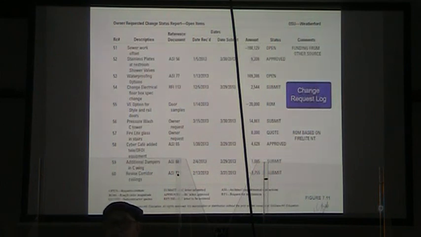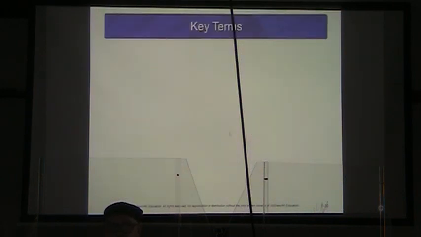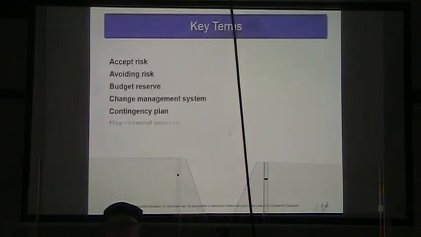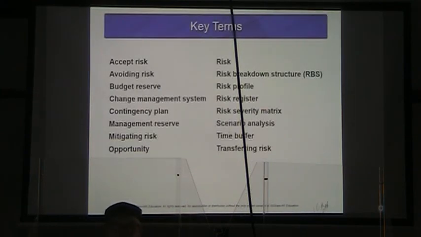Okay, so you'll notice the amounts are negative in the case of our first one, sewer work offset, right? But sometimes the amount is a positive amount. Okay, and there you have it.